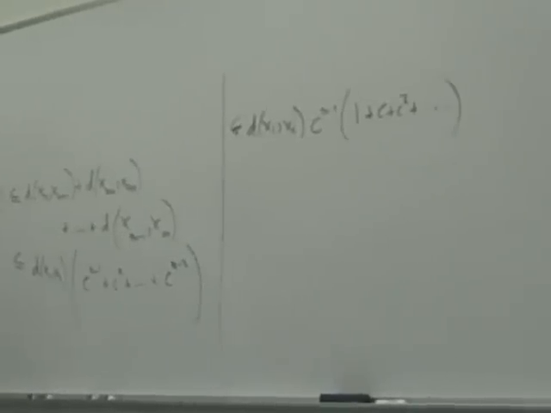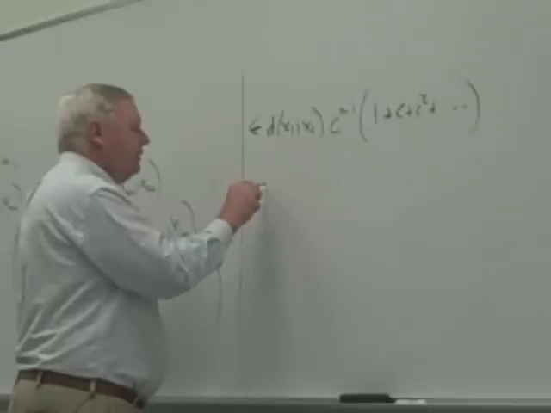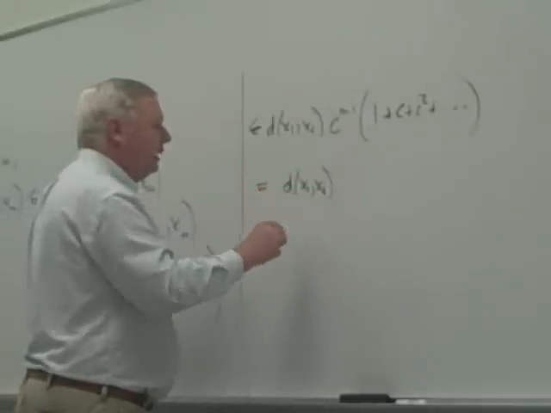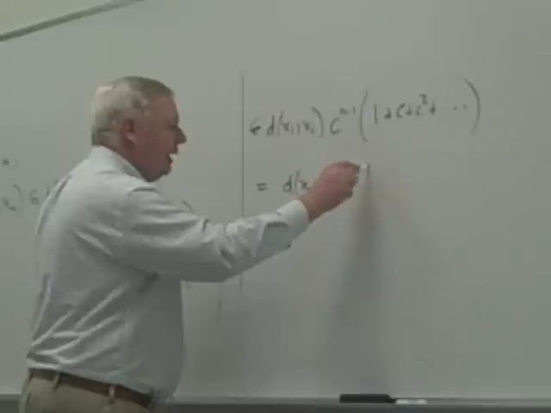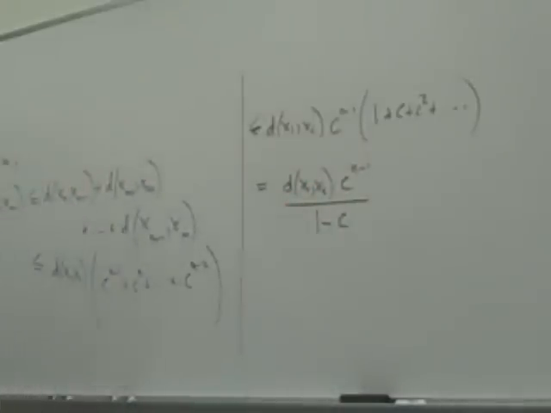And that's a geometric series, 1 plus c plus c squared and so on, and it's equal to 1 over 1 minus c, and that is because c is less than 1. Otherwise, it wouldn't be summable. And so this is equal to the distance from x1 to x2 times c to the n minus 1 divided by 1 minus c.